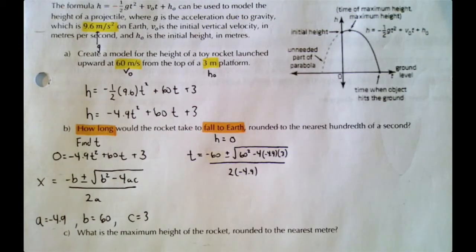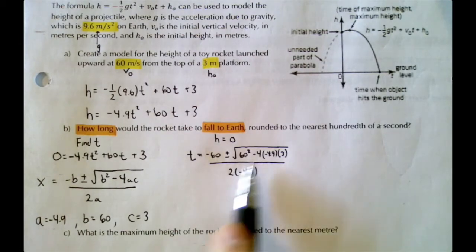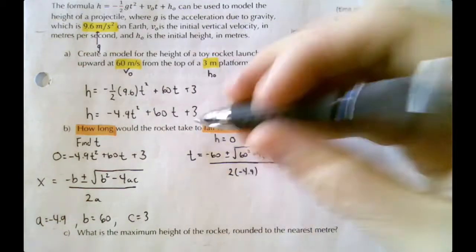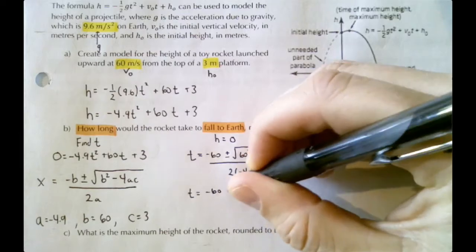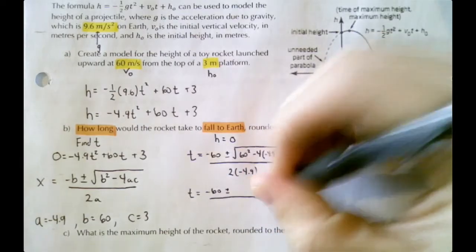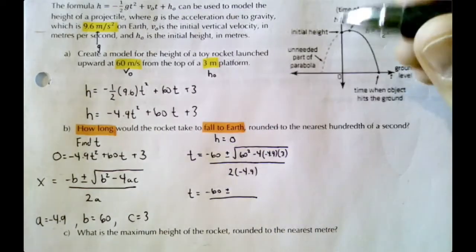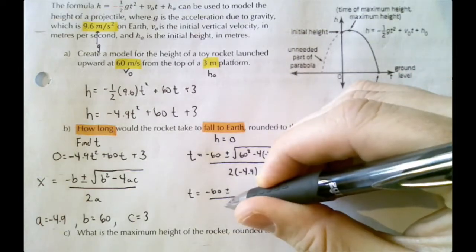Now we have to do a little bit of math. We're going to simplify what's under the square root, so we're going to find that discriminant, which tells us how many answers we're going to get. We learned that in the last video. 2 times negative 4.9, well, that's just negative 9.8.